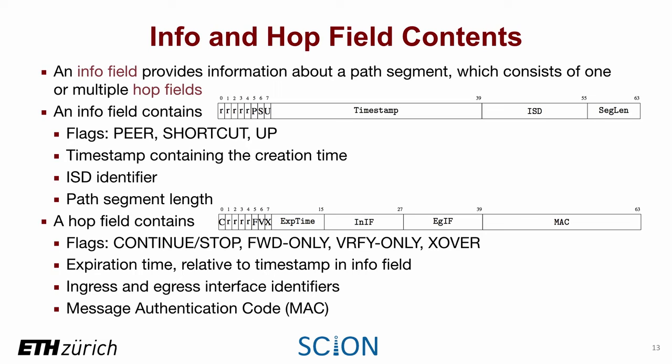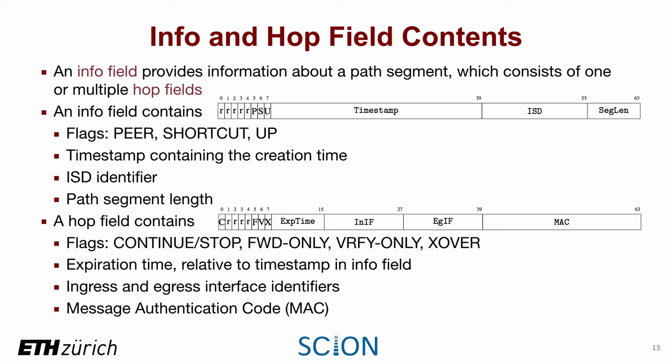Then each hop field again contains some flags, the continue and stop bit, which enables the construction of a hop field that is composed of multiple 8-byte hop fields itself, in case an AS wants to add more than just 8 bytes of information. Additional flags are forward-only, verify-only, or crossover flags.